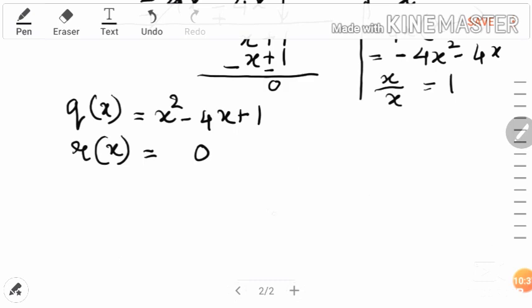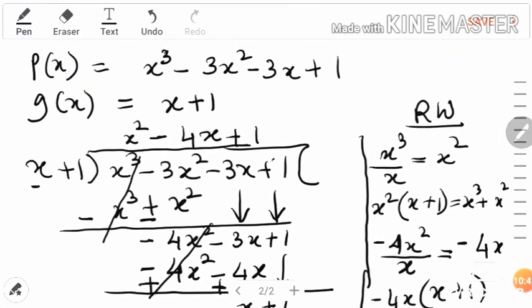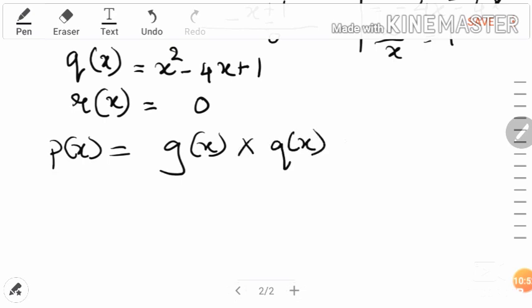Now we can check the division algorithm for this example. To check the division algorithm, we will write p of x equal to g of x into q of x plus r of x.